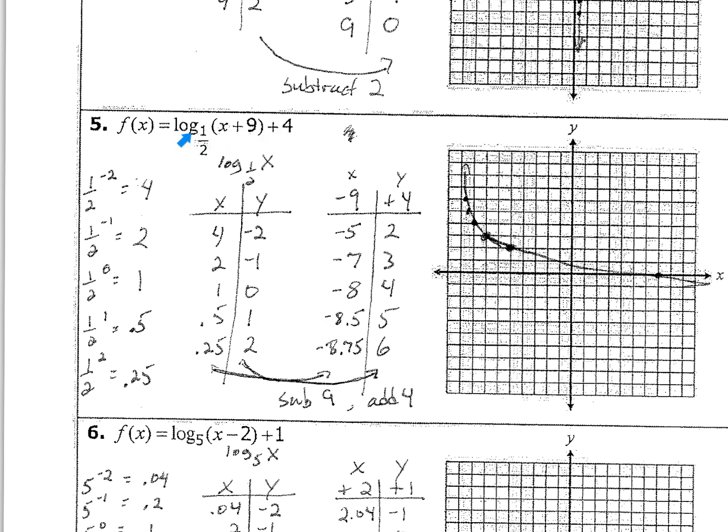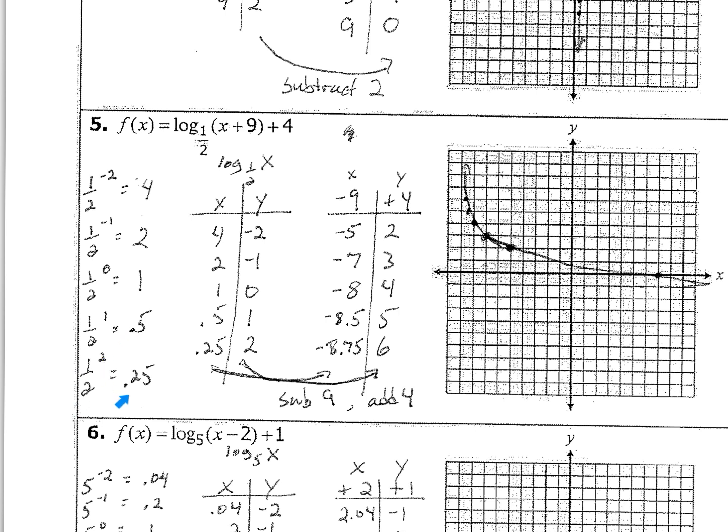So we take this log base 1/2 and we consider some exponents. So 1/2 to the negative 2. Well, again, that's 1 over 1/4, but 1 divided by 1/4 is 4. That's where that 4 comes from. 1/2 to the negative 1 is 2, because it's 1 over 1/2. 1 divided by 1/2 is 2. 1/2 to the 0 is 1. 1/2 to the 1 is a half, 0.5.